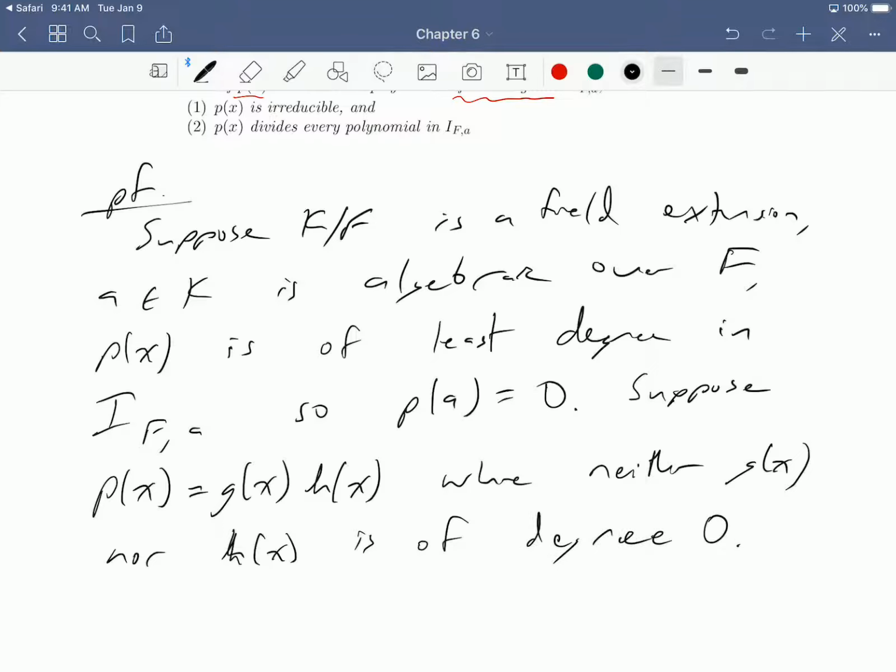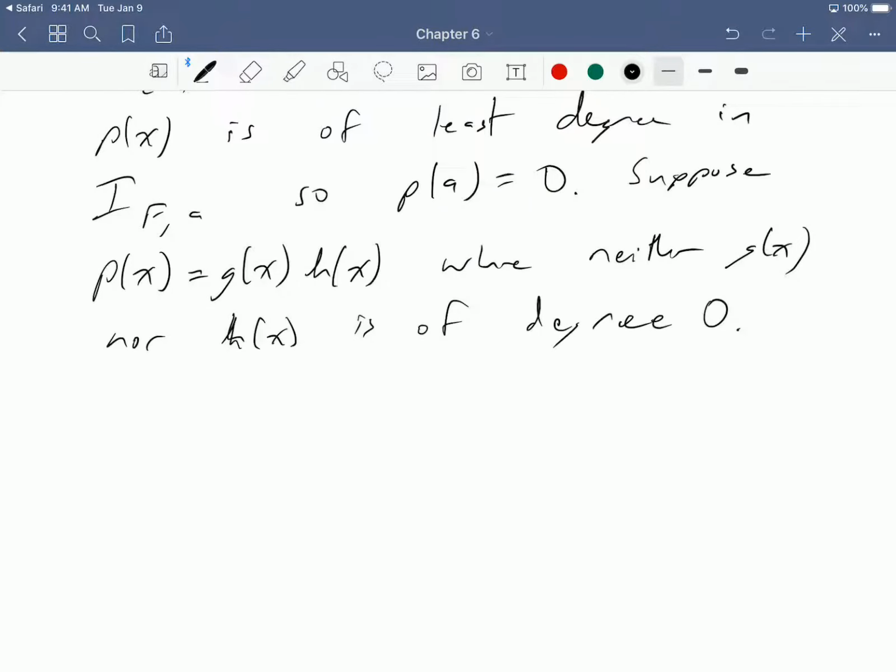In other words, what I'm supposing is that p can be reduced, i.e. suppose p of x is reducible. So I'm doing a proof by contradiction here. I'm going to try to contradict something, and what I'm going to contradict is pretty quick.